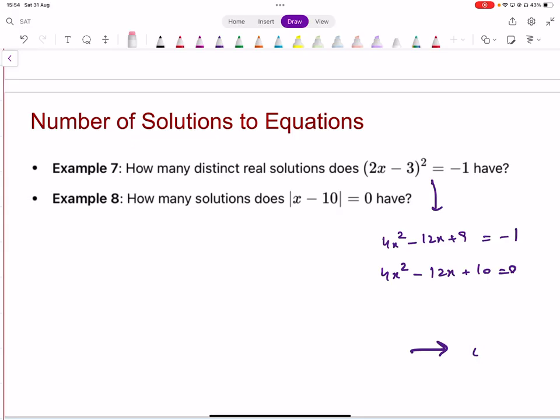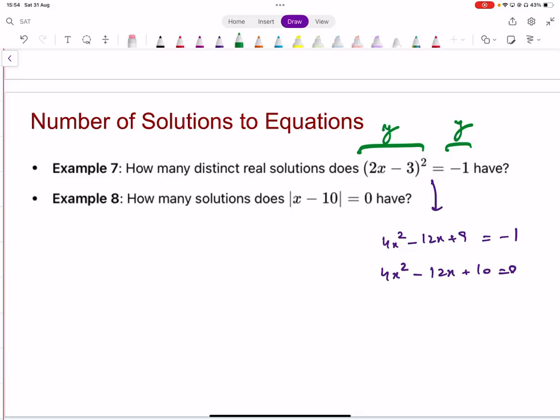Another way to think about this could be, if you don't want to do this simplification even, you could use Desmos for this as well. How do you use Desmos for this? You treat this as two separate functions. There's this function, y equals this, and there's this function, y equals minus 1. Remember graphs of functions, O levels, how you used to solve equations graphically?